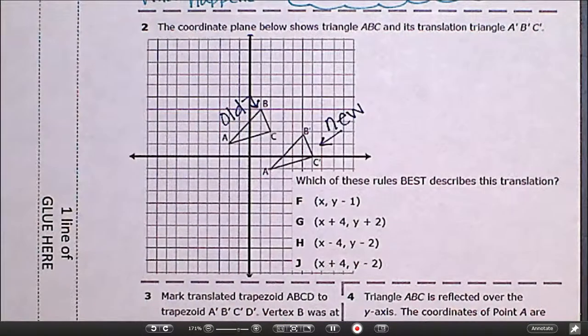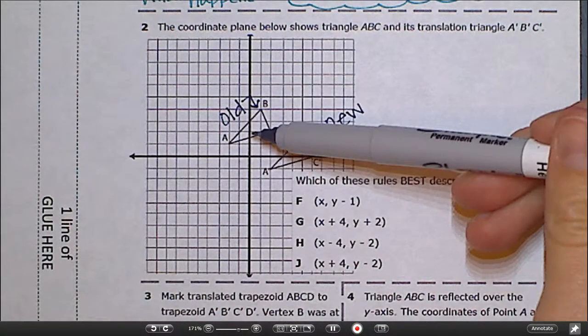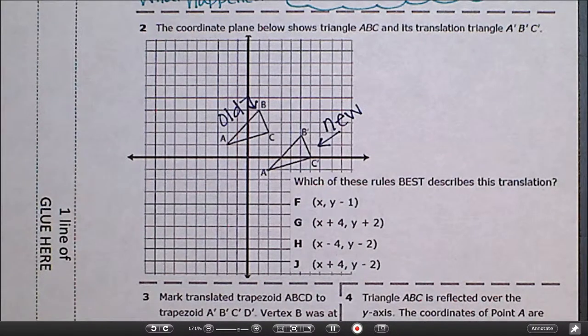So we're going from this to this, and we're asking ourselves, which of these rules best describes the translation? So what happened to the x and what happened to the y value?